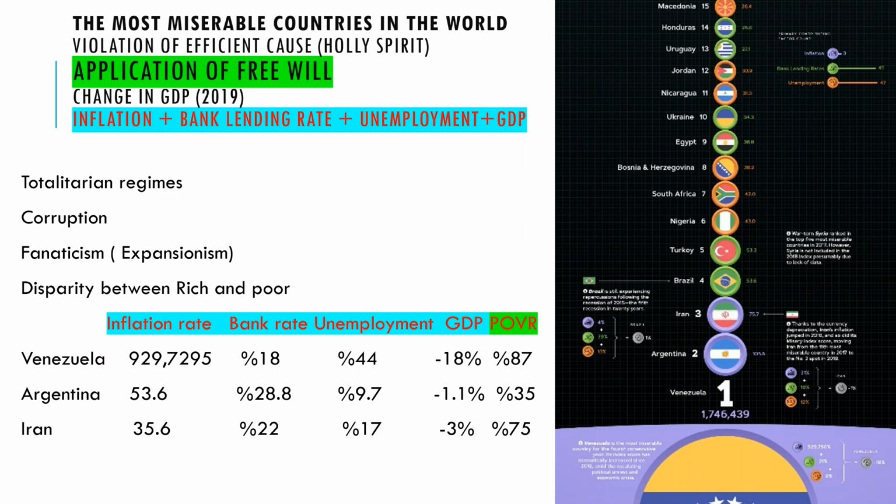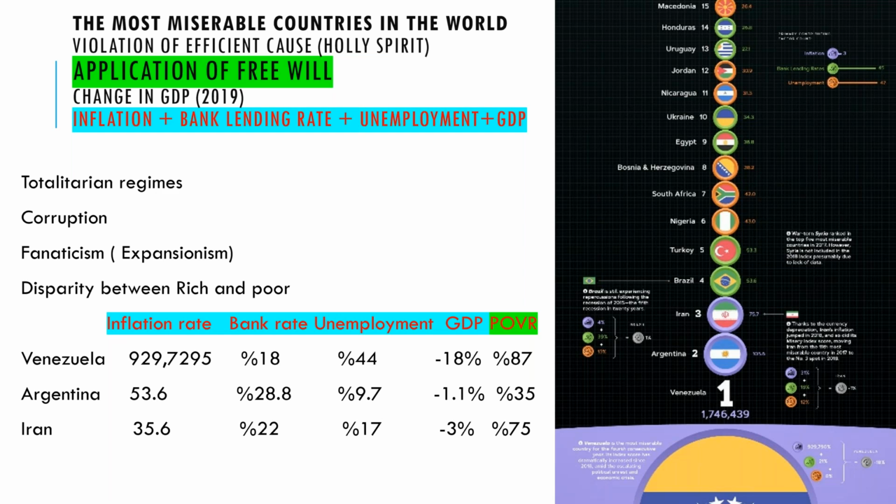If you change the unemployment rate to underemployment rate in Iran, you're talking about probably 80 to 90%. That means people have to work 3 jobs to make ends meet. Their GDP is shrinking by 3%. Again, this is their own numbers. Their poverty rate, what they say their population is below poverty, is 75%.